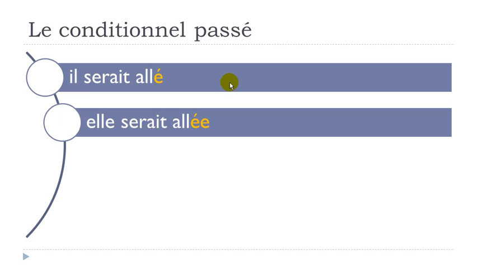But then, if we look at the feminine form, elle serait allée, you will have to add this e at the end. Remember, in most cases, when you have to add something, it's the mark of the feminine. But phonetically it doesn't exist. So it's allé here and allé here, the way you pronounce it. But if you want to write correctly, you should put it.